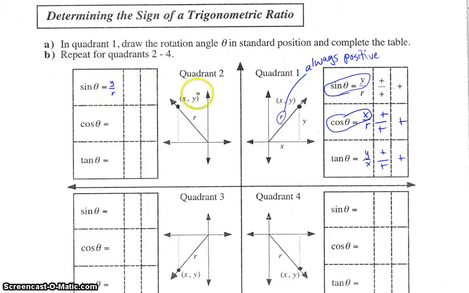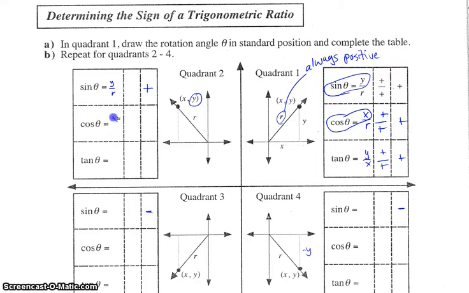In quadrant 2, therefore, sine theta depends on whether y is positive or negative. So it should be positive here. Down in quadrant 3, y is negative, so sine would be negative. And over here in quadrant 4, y, again, would be negative, so sine would be negative as well. Does that make sense?